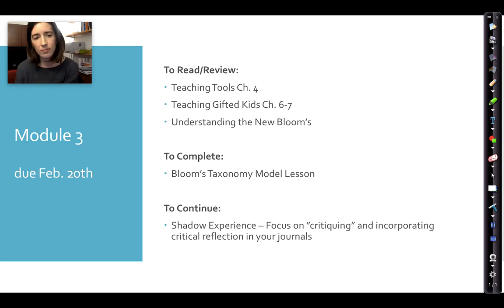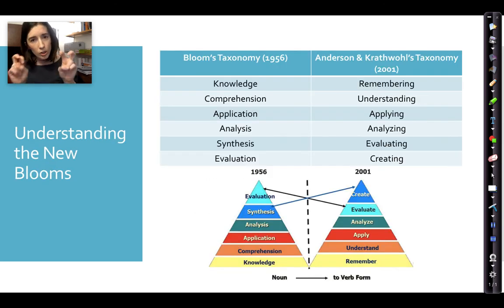All right. So the new Blooms thing that you're going to be reviewing, I'm not going to insult your intelligence. I know that we're all pretty familiar with Bloom's taxonomy and the levels of thinking. Anderson and Krathwohl came up with a new one that makes the argument that sometimes, maybe, there's some evaluation that happens before you actually have that synthesis or before you actually end up creating.